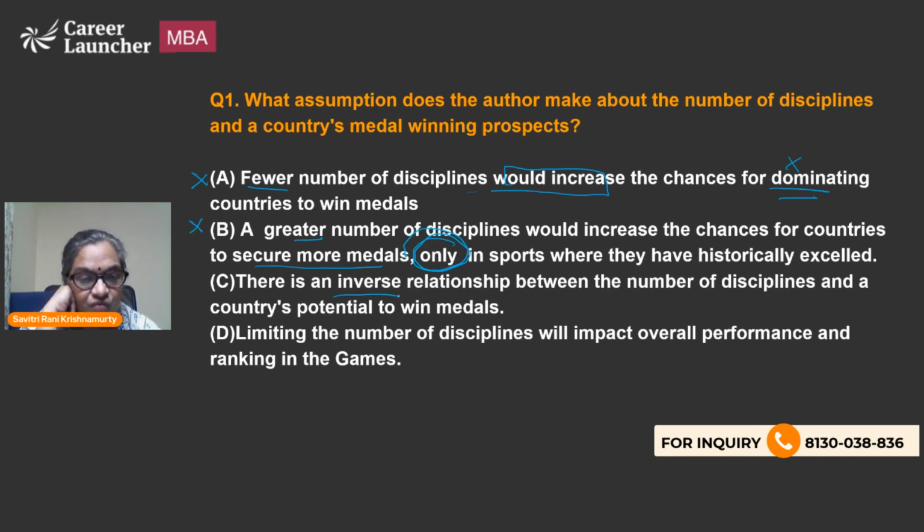There is an inverse relationship between the number of disciplines and a country's potential? No. Now, the Glasgow Games have limited the number of games, and the author says limiting the number of disciplines will impact the number of medals and therefore the overall performance and ranking in the games. Therefore, we don't have to go back to the passage. We know the main point. D is the correct answer.